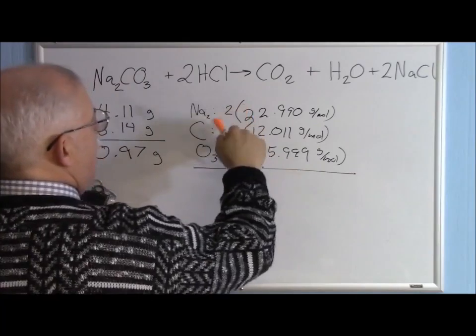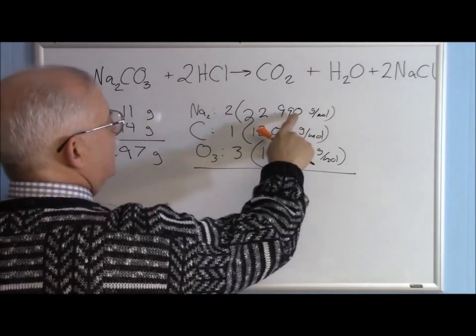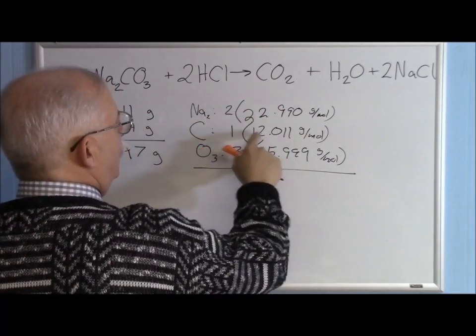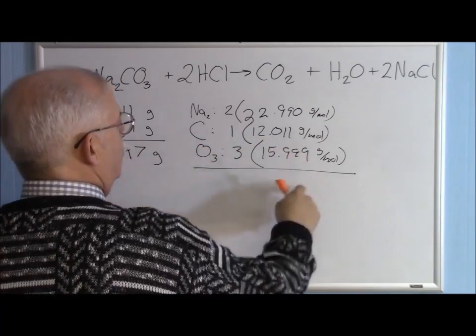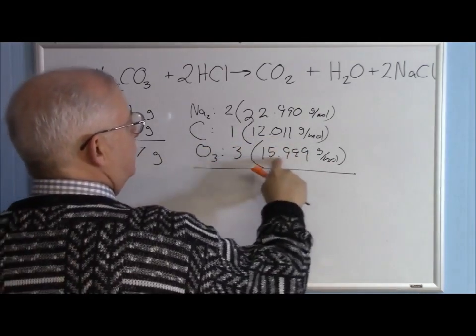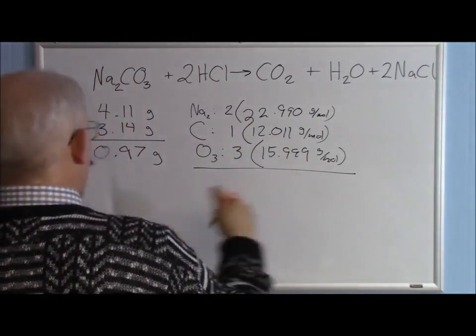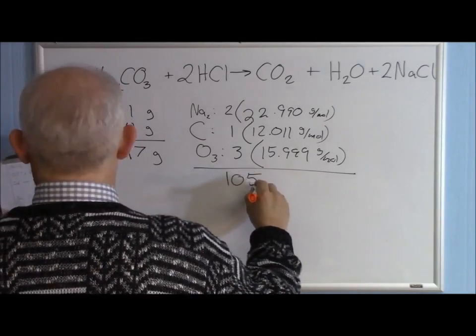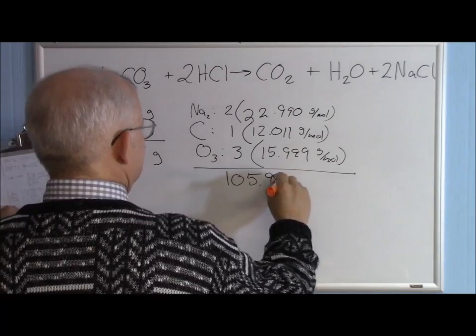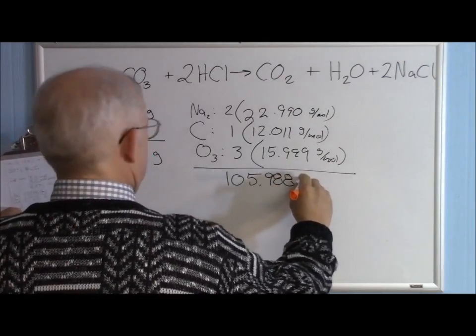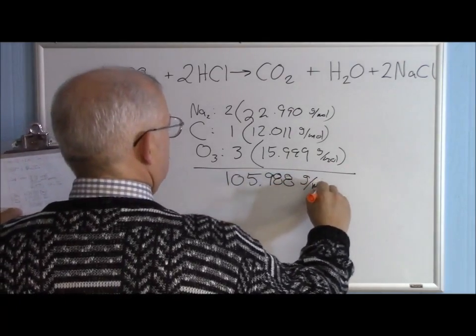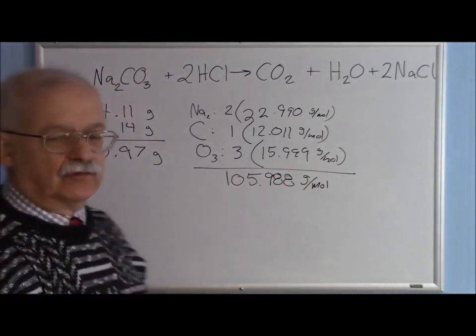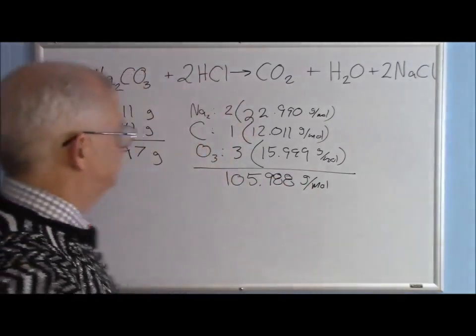And if I do the math, 2 times 22.990 plus 1 times 12.011 plus 3 times 15.999, I get the grand total of 105.988 grams per mole, which is the molar mass of sodium carbonate.